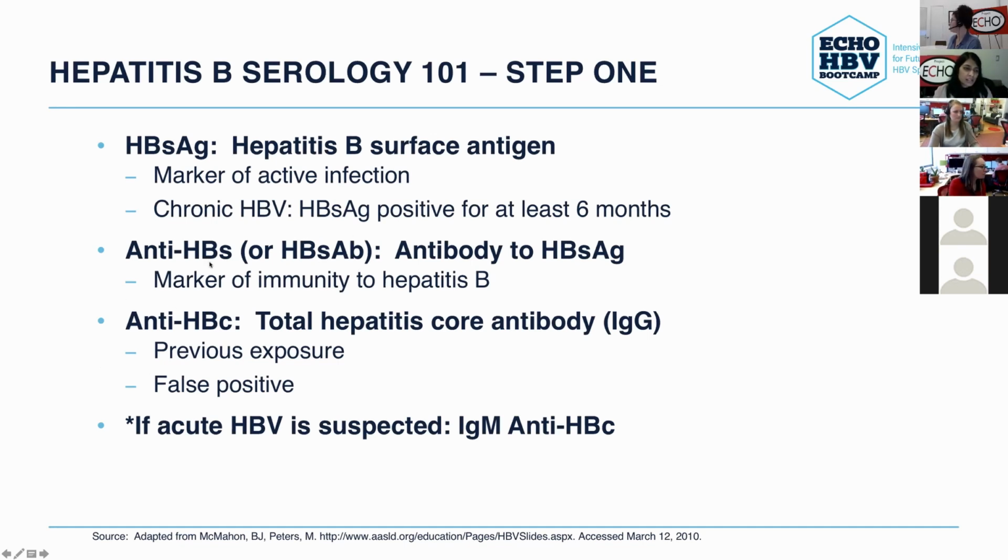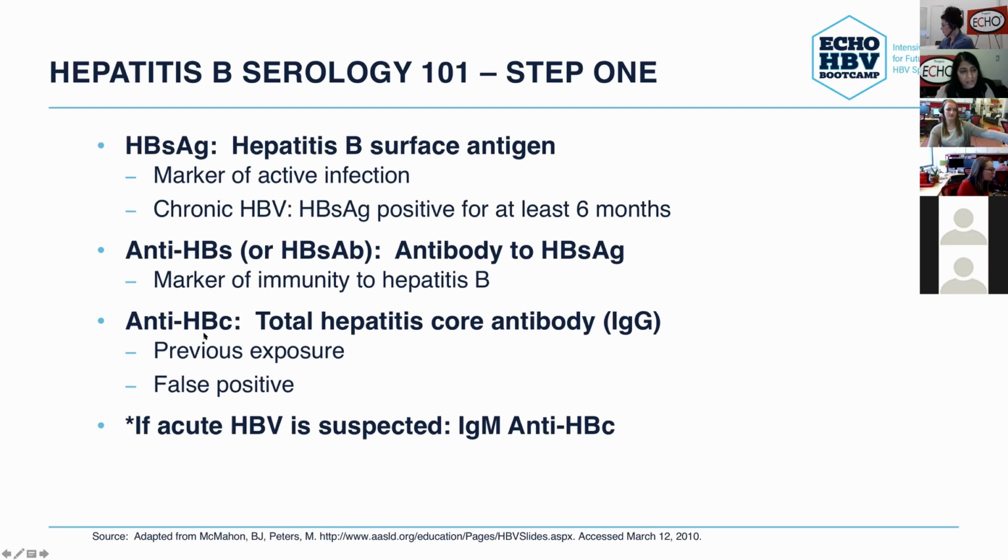The other test that is very important to check when we're screening people is hepatitis B surface antibody. And this is a marker of immunity to hepatitis B, but what it doesn't tell us by itself is if it's immunity from either vaccination or immunity from prior infection. And that's where the core antibody can be helpful.